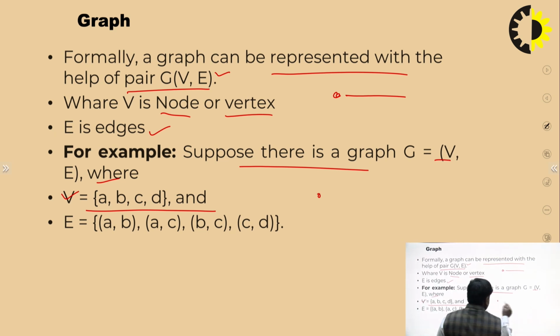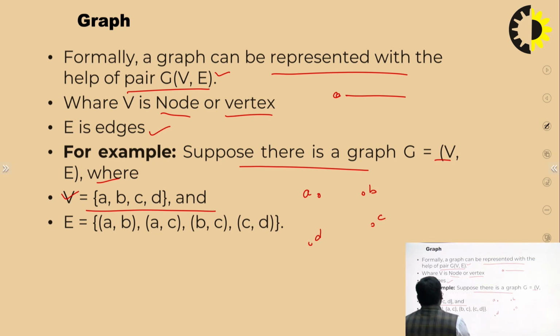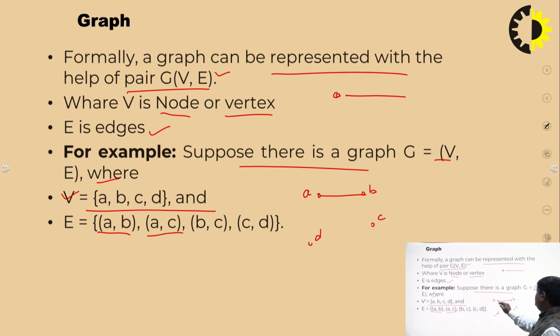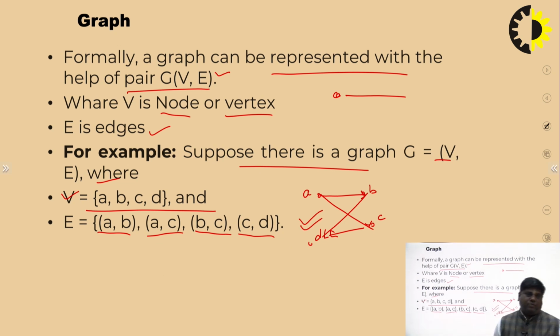For example, 1, 2, 3, 4, that is nodes A, B, C and D. Now these are the edges. The first is from A to B. The second is A to C. The third is B to C. And the fourth edge is C to D. Now this is known as the graph, where A, B, C, D are nodes and A to B is an edge.